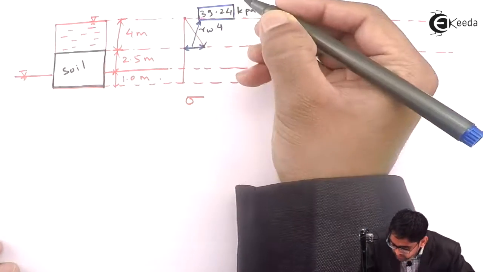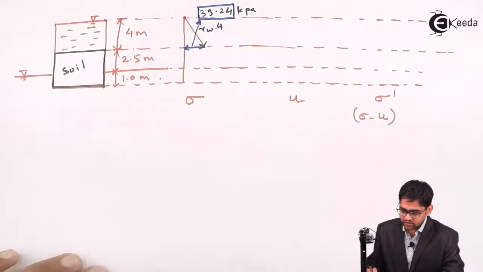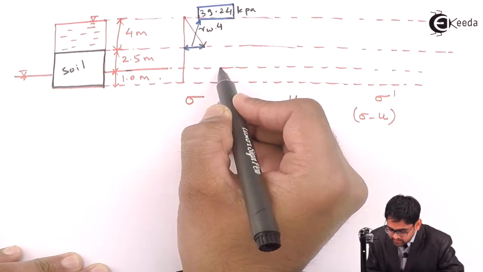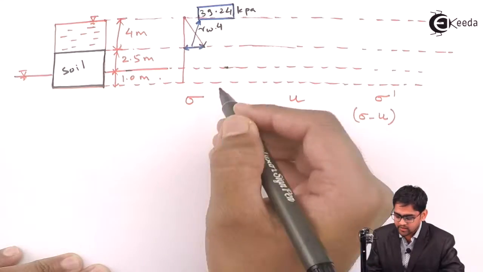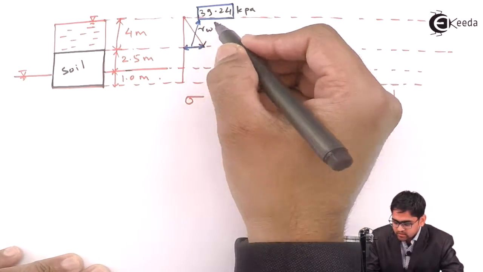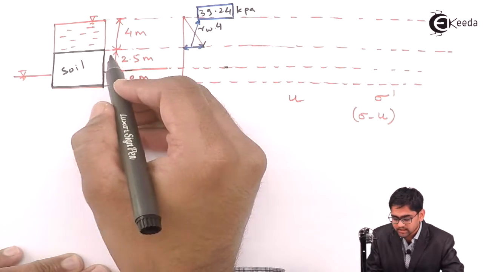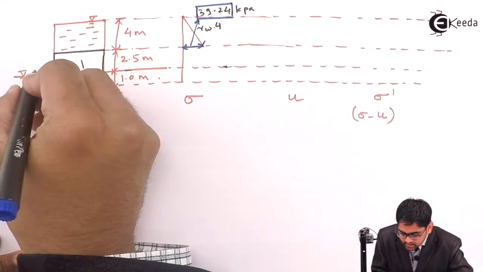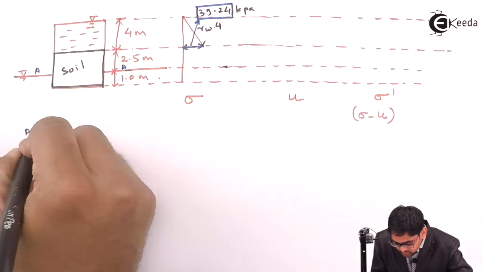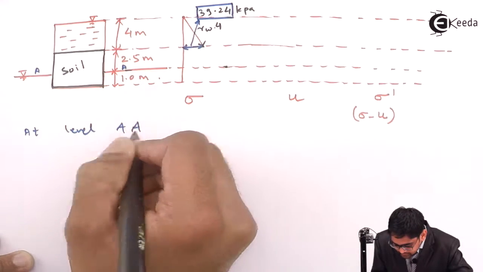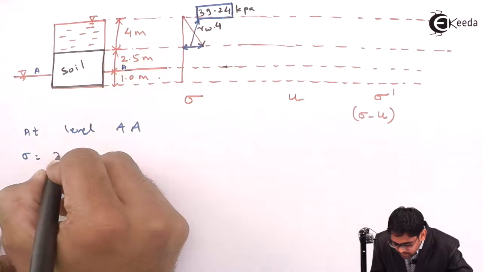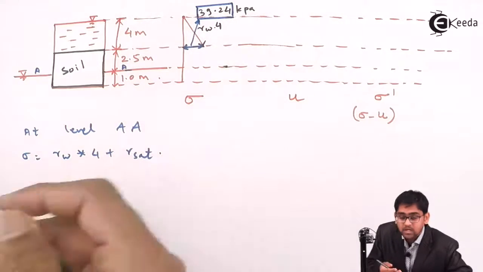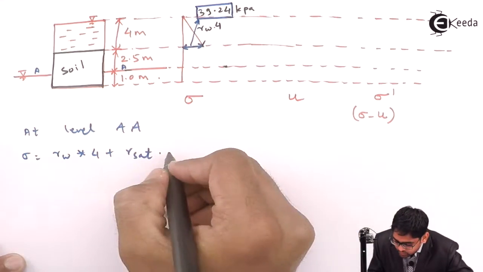This is the 39.24 value, and if I just go down and reach, let's suppose, this particular level, how to find out this particular value? You just need to add 39.24 plus gamma sat into 2.5. So at this particular level, let's suppose AA, the total stress will be equal to gamma W into 4 plus gamma saturated, because for total stress you need to take gamma sat, into 2.5.